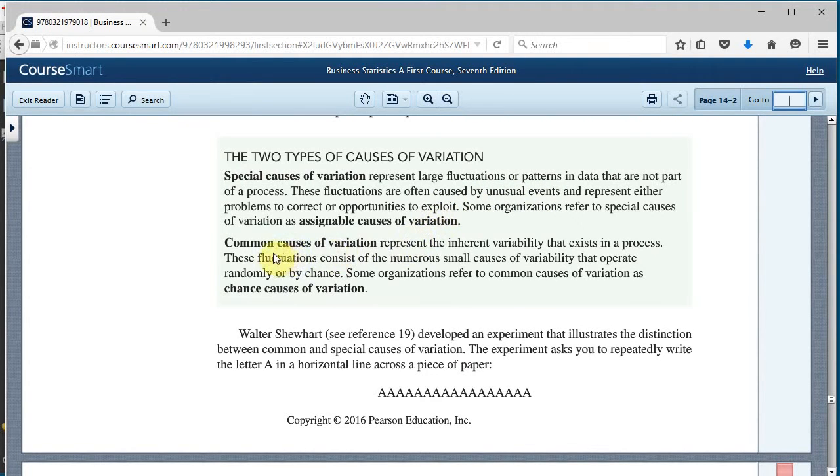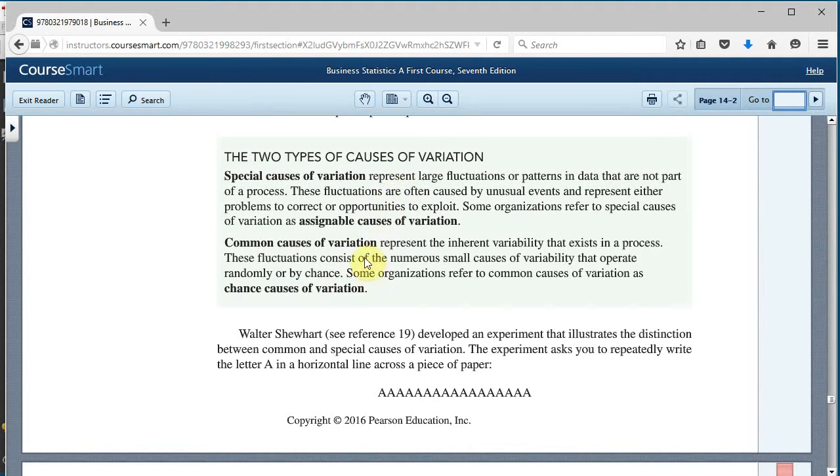Or we have common causes of variation, which is the inherent variability that exists in a process, the random error and so on. And these are just chance causes. And what we're after is these special causes. If we've identified something that has the characteristics of a special cause variation, then we may want to do something about it.